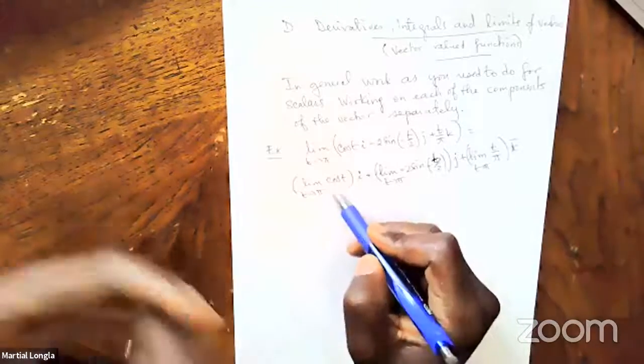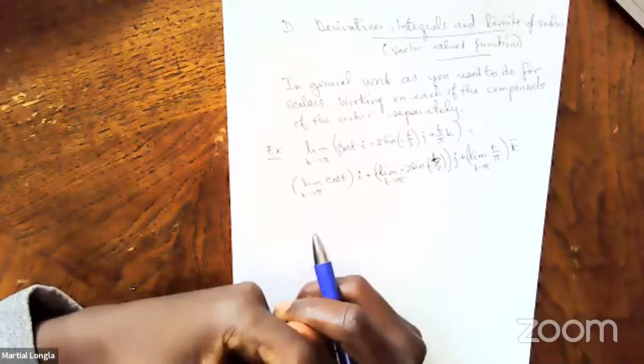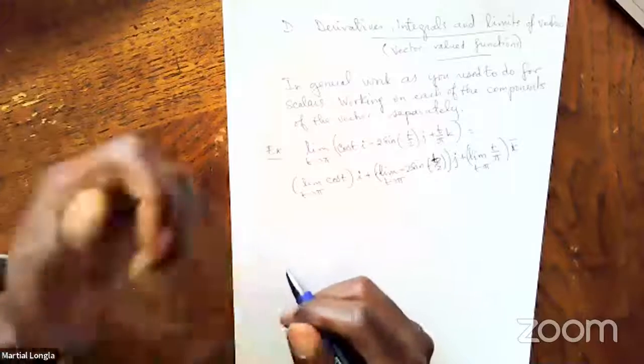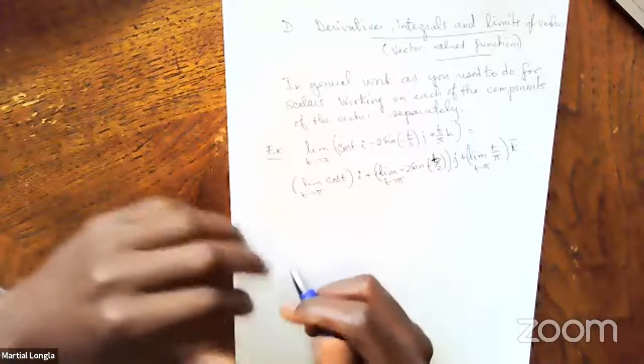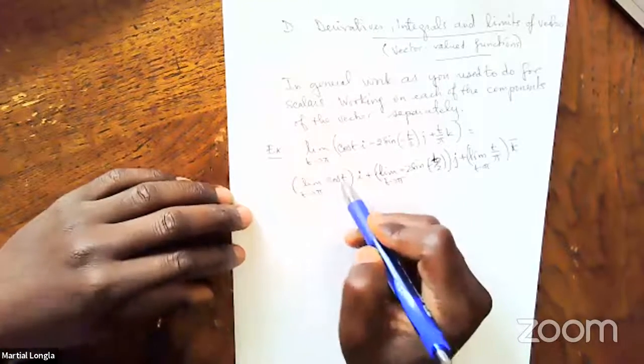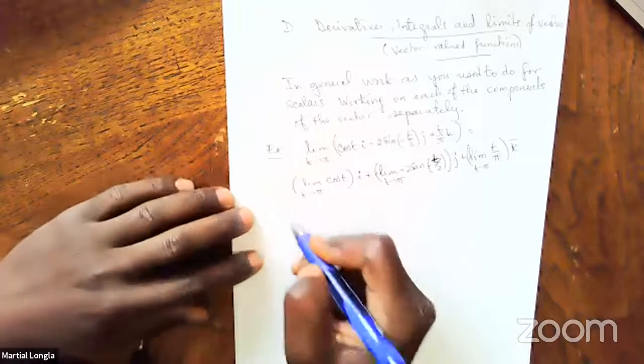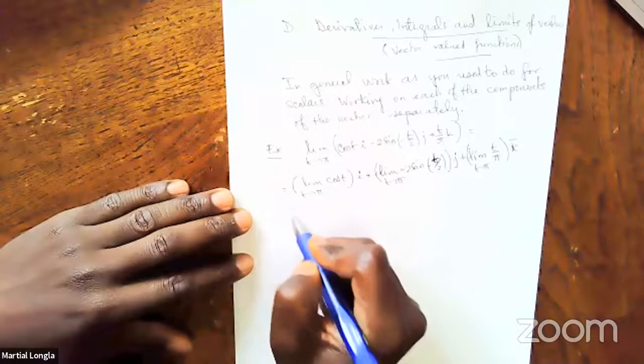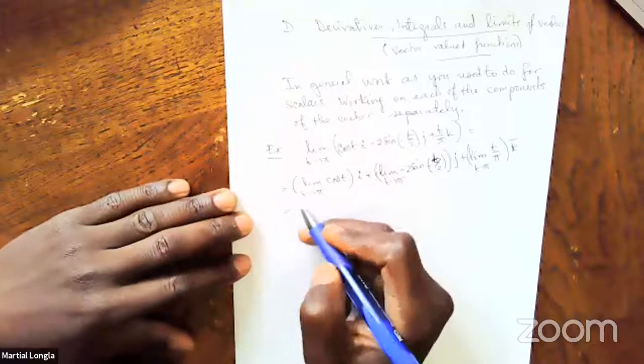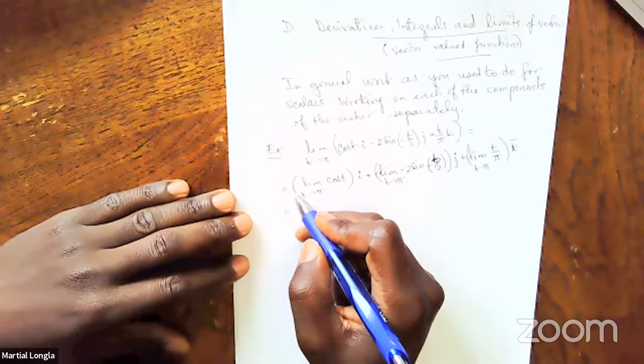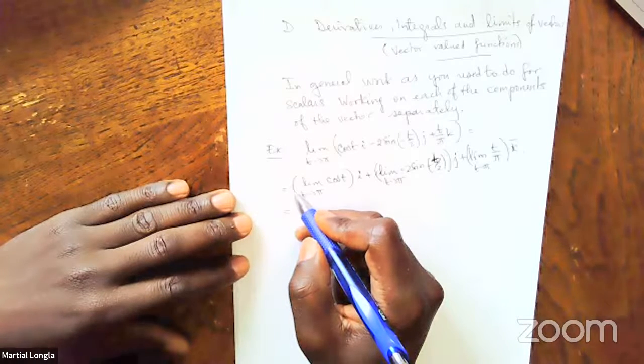That's what we do. Now inside each of the brackets here, you have a regular thing that you know how to do, taking limits of functions. What's the limit of cosine t when t goes to pi? Is it 0?